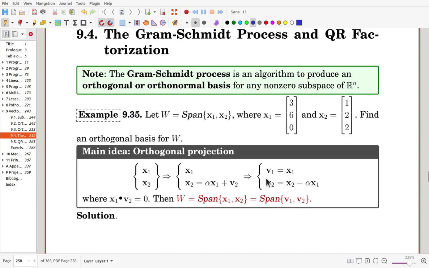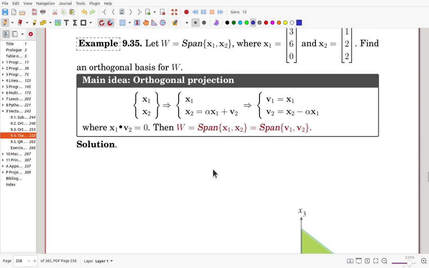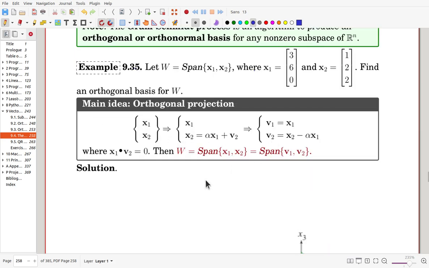Now, because v2 is a linear combination of x1, x2, the spanned space of x1 and x2 and the spanned space of v1 and v2 must be the same. So that's the idea. And let's try to solve the problem by using this technique.